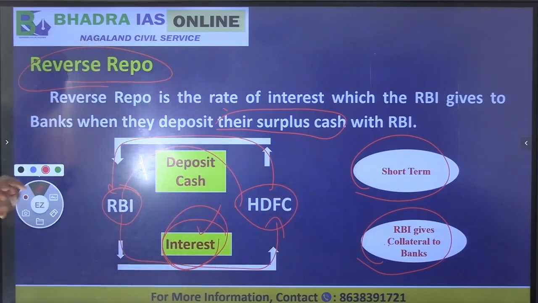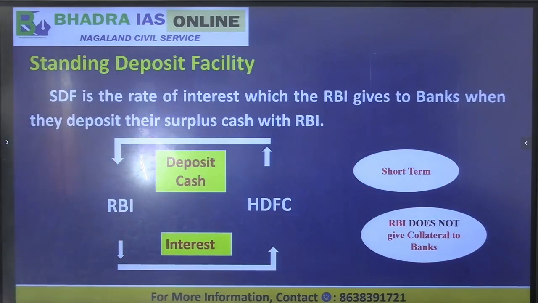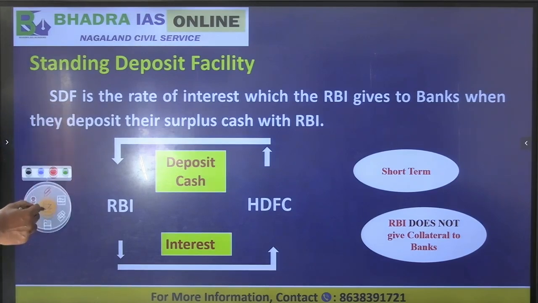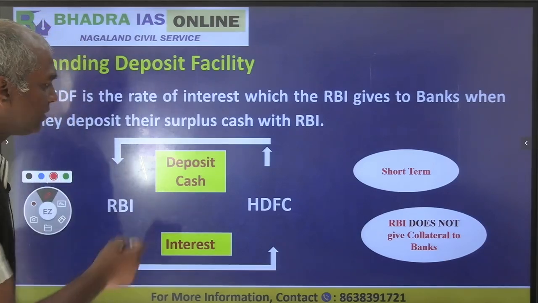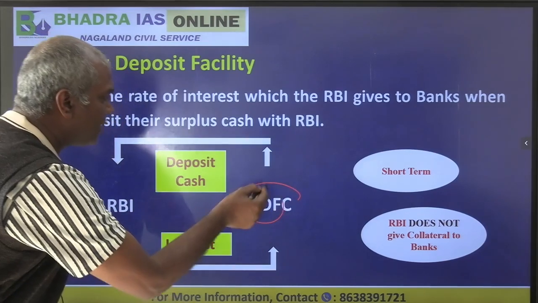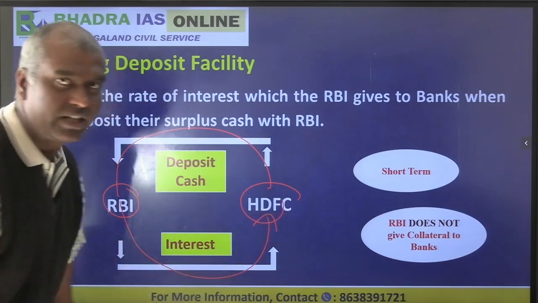Okay, now let us look at what is SDF, the Standing Deposit Facility. The SDF is also very similar to the reverse repo. It is almost the same, you can say, right? So what happens here? Same as the reverse repo, SDFC deposits money with RBI and RBI gives interest to SDFC.